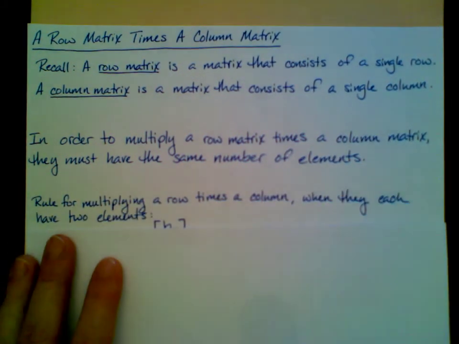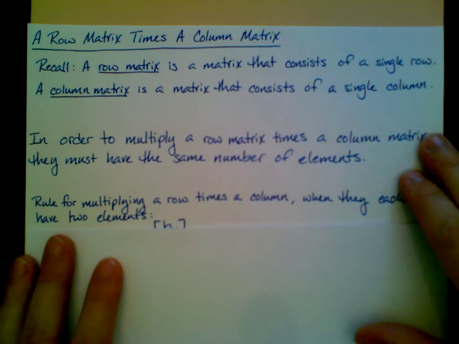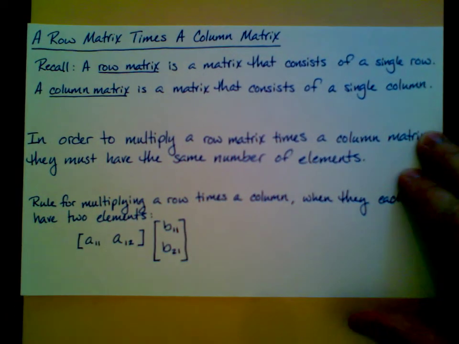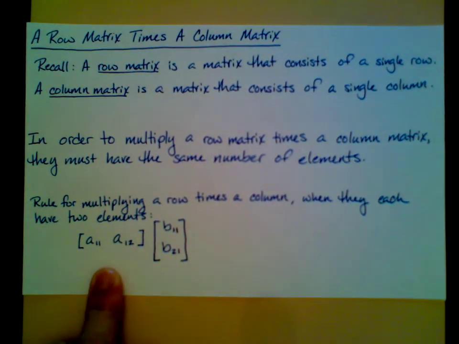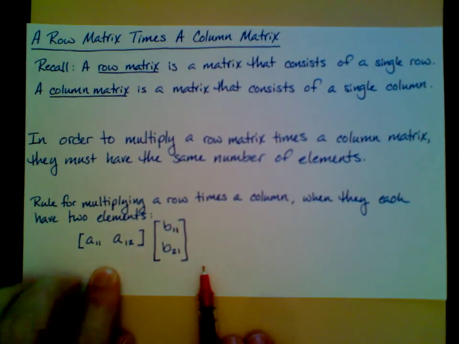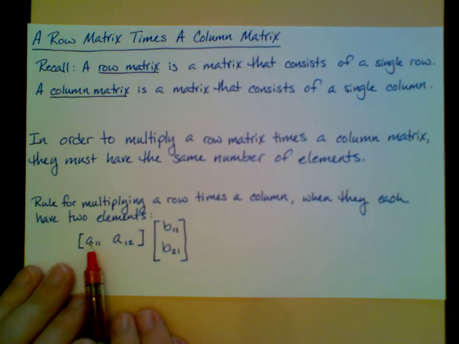So here we have a rule for multiplying a row times a column when they each have 2 elements. So this is a special case of our special case. This is really the setup to the rule, not the rule itself. So remember, we have this double subscript notation where the first number represents the row that the element is in.